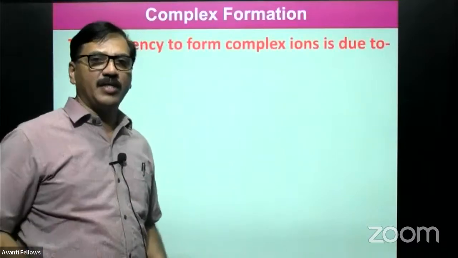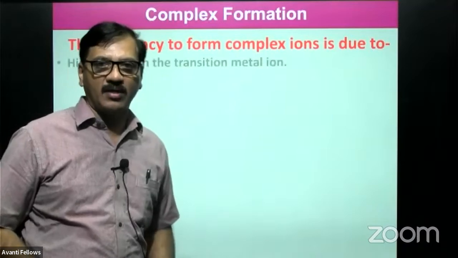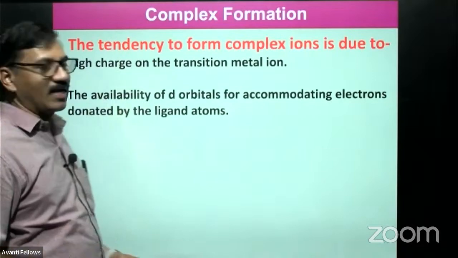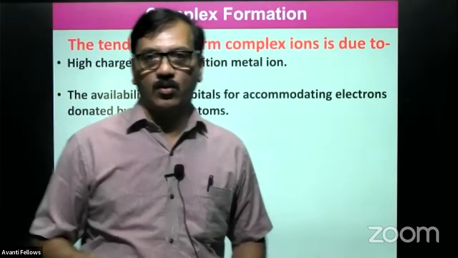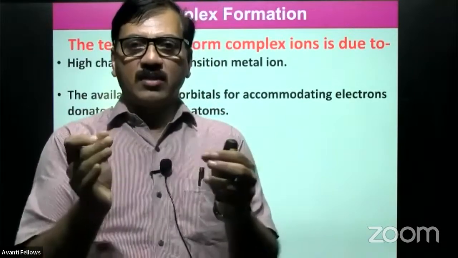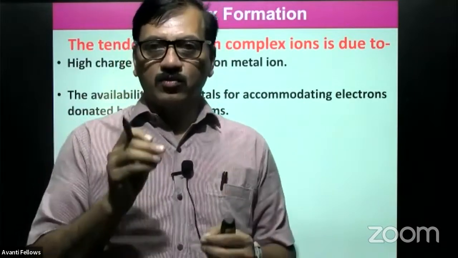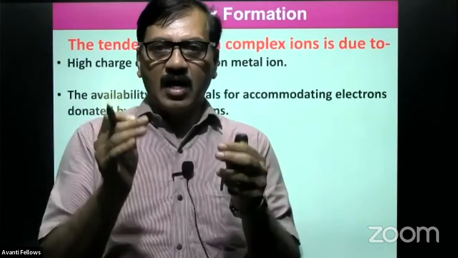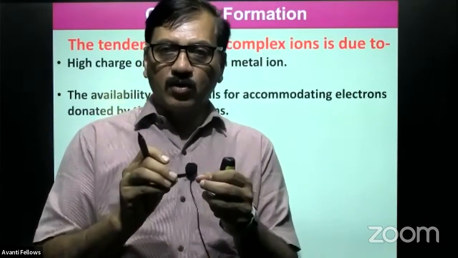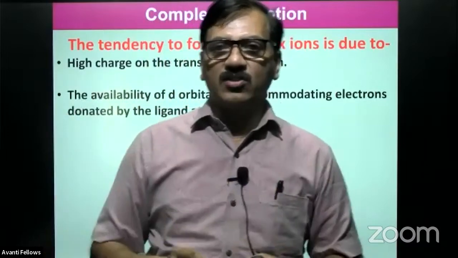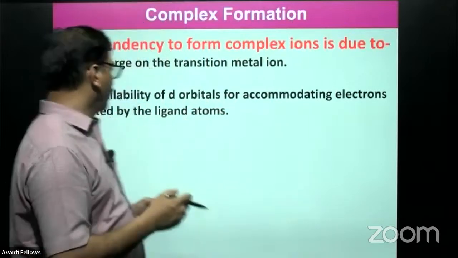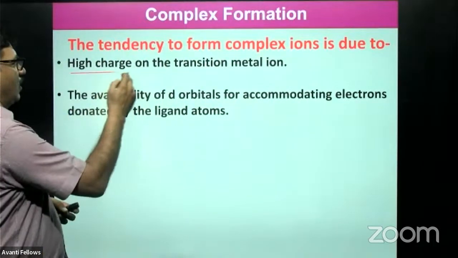When two electrons are lost, their radius is smaller. Whenever they have high charge, they can attract the given pair of electrons from ligands more strongly.